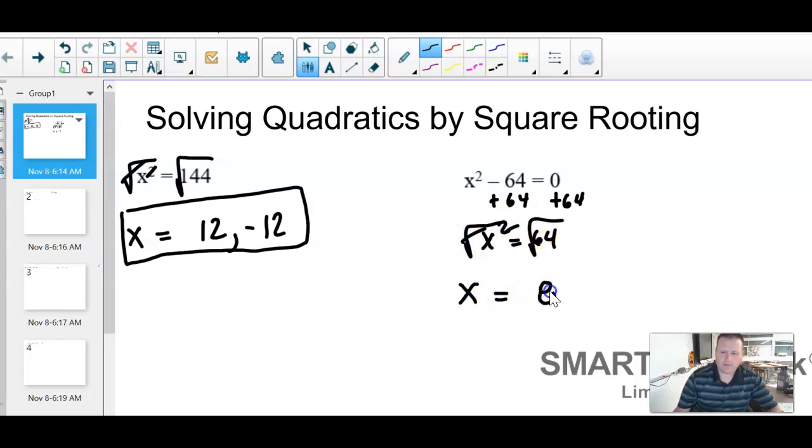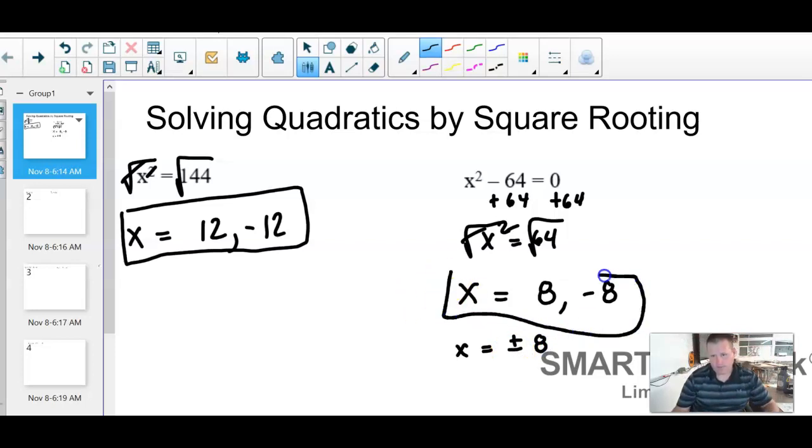This will give you 8, and I have also negative 8. Sometimes you'll see this written as x equals plus or minus 8. They have this plus or minus so you don't have to write 8 twice, but it's saying the same thing. So we isolate the squared term, then use square roots, and then just simplify after that, okay?